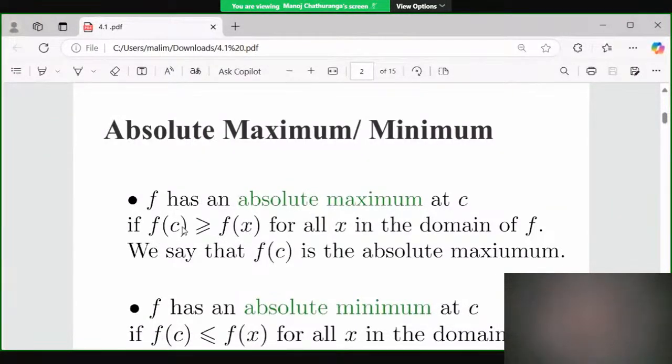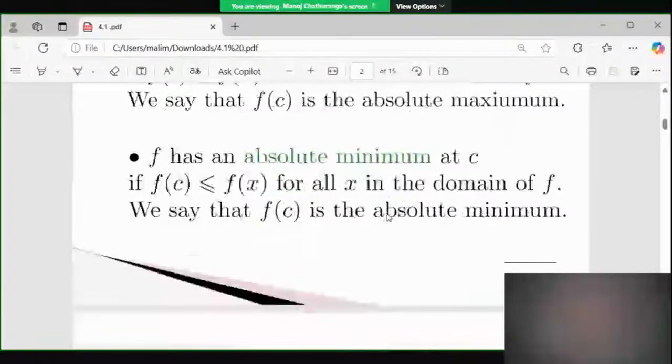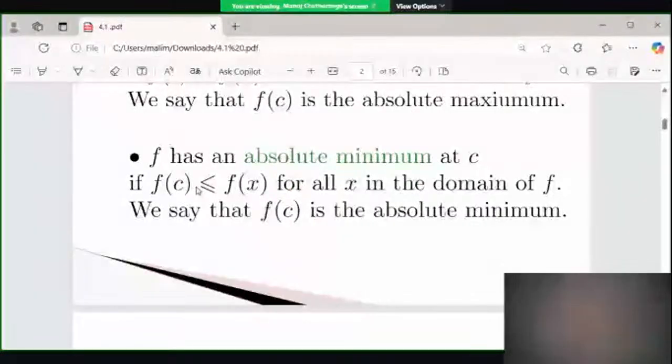That means at this point c, the function reaches a maximum, and that maximum is bigger than any other function value. Likewise, absolute minimum means you have reached the smallest value, and that minimum value is smaller than any other function value.